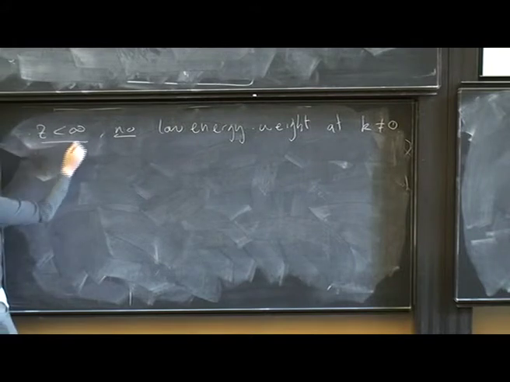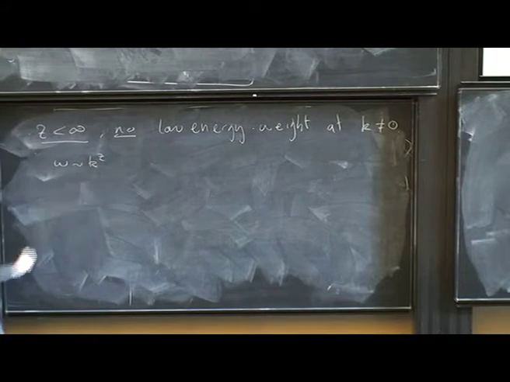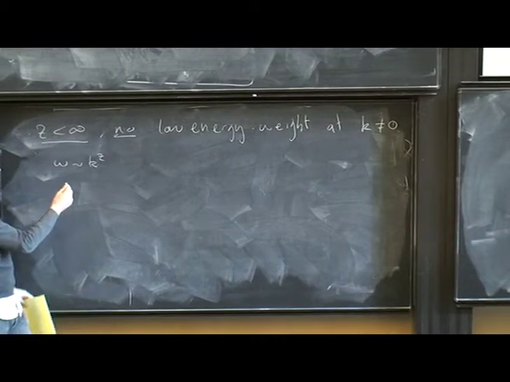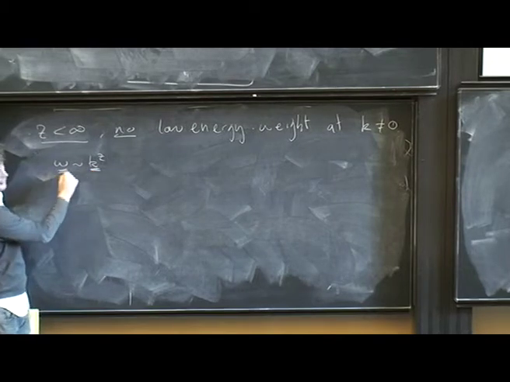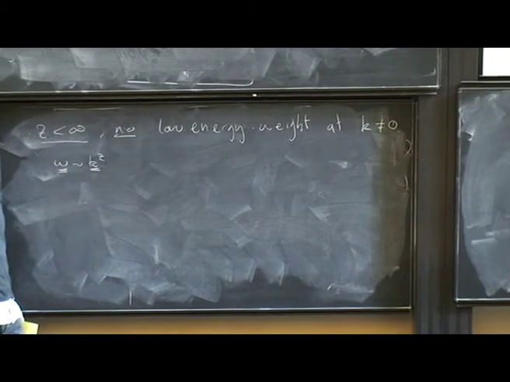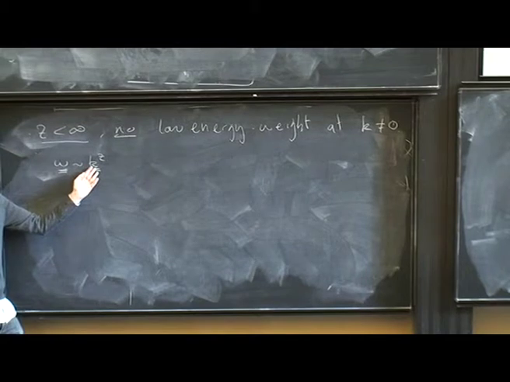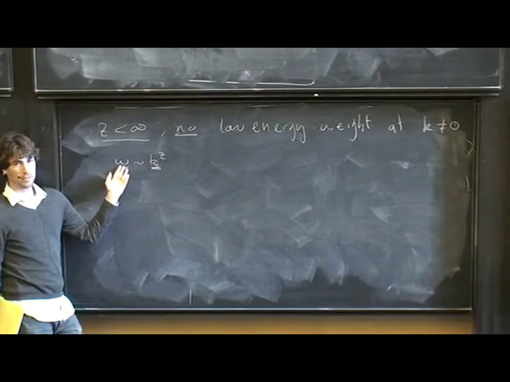So when z is finite, the dispersion relation is omega goes like k to the z. So if you want, these are like the on-shell particles, they want to have this dispersion relation, and that means that whenever you have finite momentum, you also have finite energy. And so if you ask, how many low-energy excitations with finite momentum are there, the answer is 0. Because if you have momentum, you also have energy.